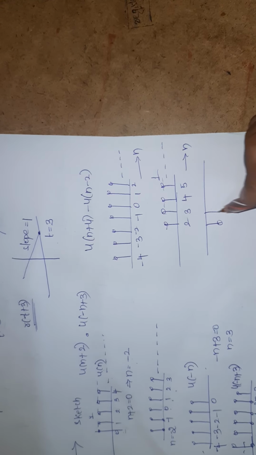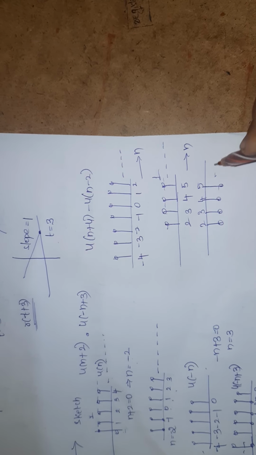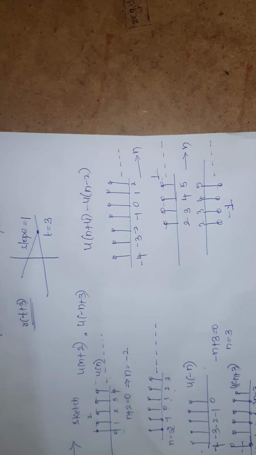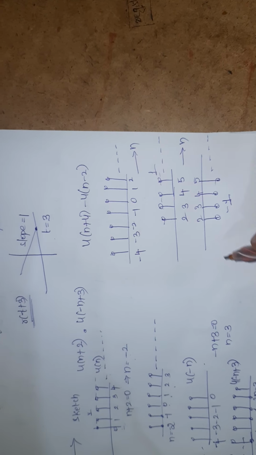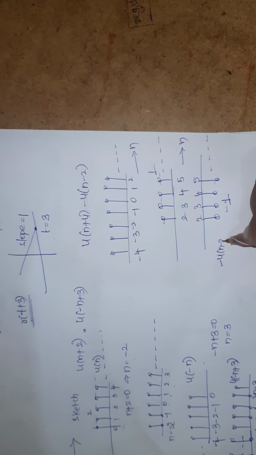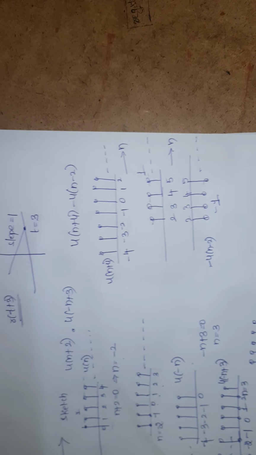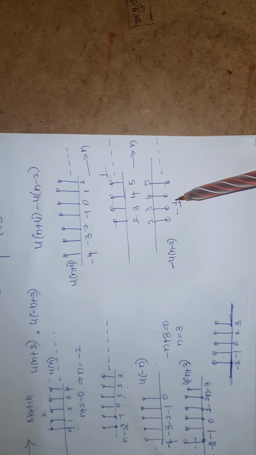So simply 2, 3, 4, 5. So I am having the samples up to infinity with the magnitude minus 1. Now add these two, because it is minus of u of n minus 2 and this is u of n plus 4. Right? Now add these two figures.